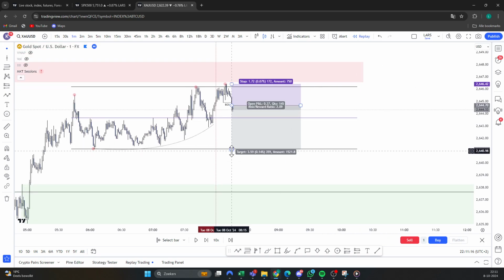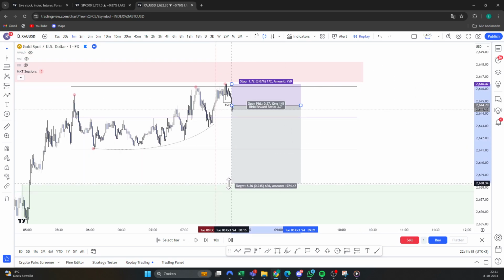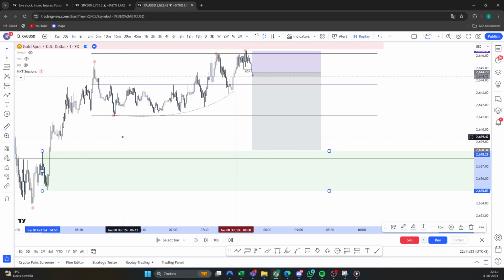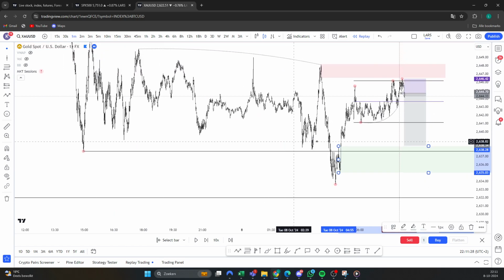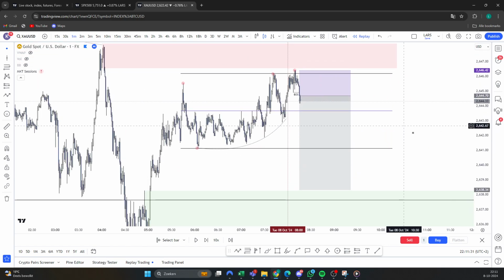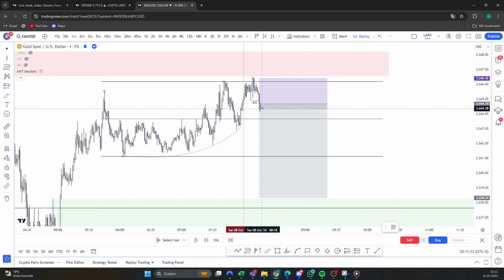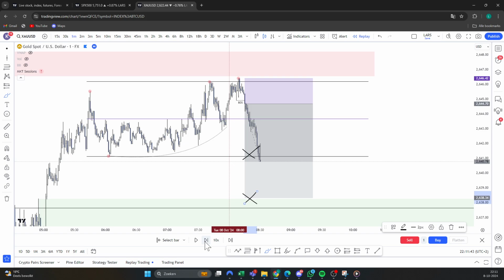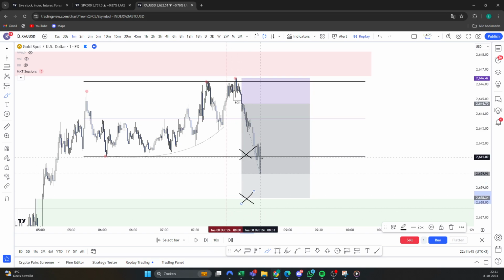Now, I knew it had the potential to run down towards this extreme demand POI, which was the POI for the higher time frame Model 2 to actually take place, right? So I went short right here on 2 position sizes, and then I was going to take 1 take profit here and 1 take profit here. The problem is price came down very easy and very aggressively, hitting the target, but literally price was right here, and my take profit limit was still not triggered.